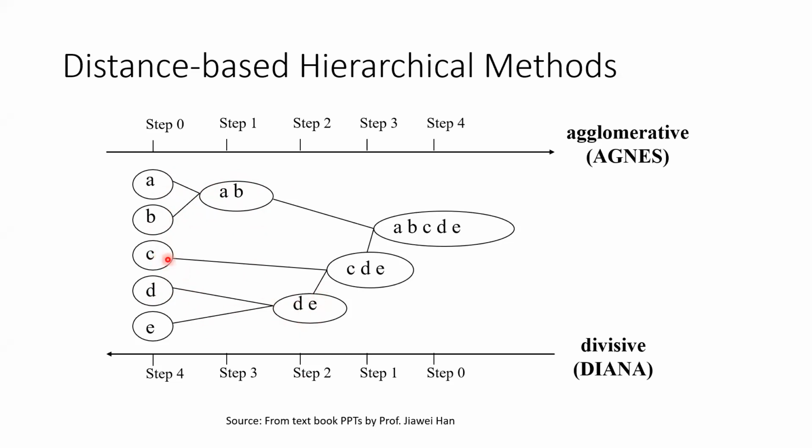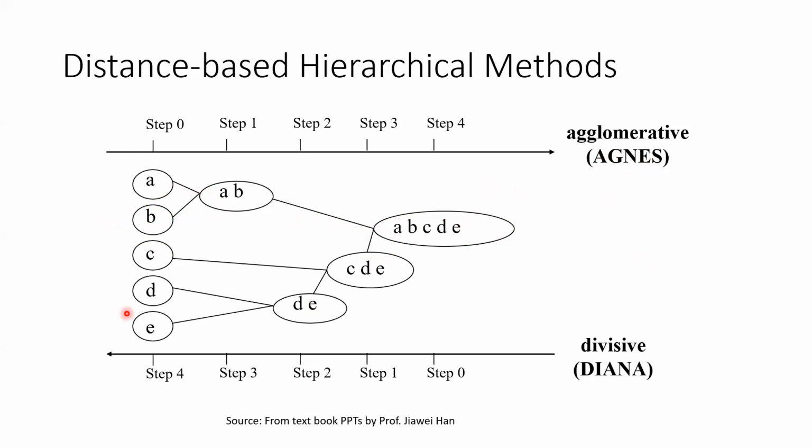This cluster and this cluster are nearby, so we combine these two, and this cluster and this cluster are nearby, so we combine them all together in the final step. So all would belong to a single cluster. So this is a hierarchy of clusters that starts from each of the data points and ends up having a single cluster. This is known as agglomerative clustering. So Agnes is an example of agglomerative clustering.